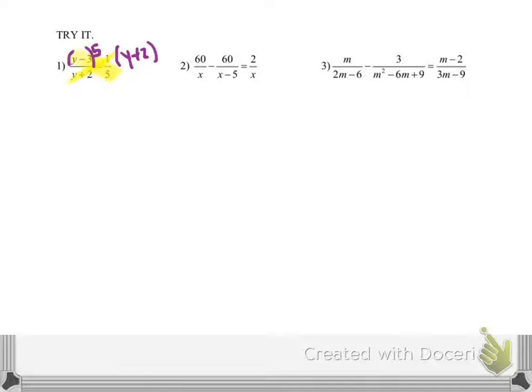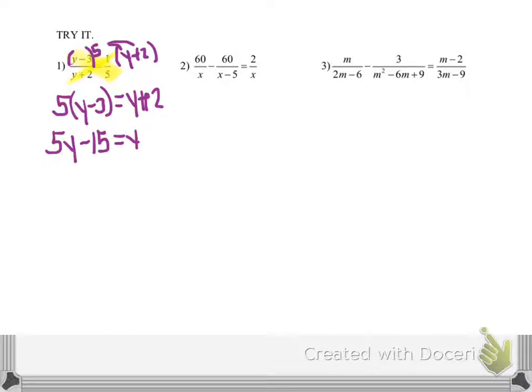Okay, so either way, we end up with 5 times y minus 3, and then equals, on this side, I have y plus 2, because it's just 1 times y plus 2. So 5y minus 15 equals y plus 2. Subtract y from both sides.